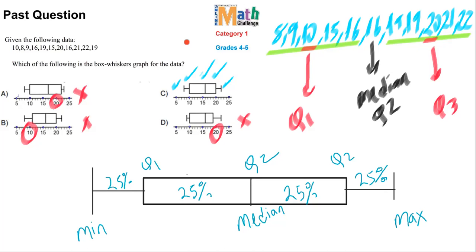This is the minimum value, this is the maximum value, and here we have 5 numbers, 2 on this side, 2 on the other side, and this is the middle of the first 50%, and in the same way this is the middle of the second 50%.